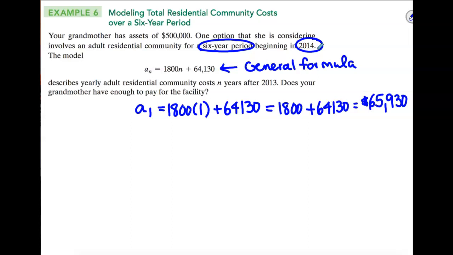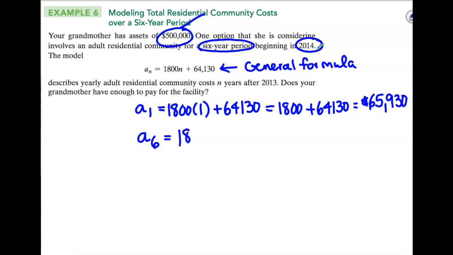Then you would find the value of year 2 and 3 and 4 and 5 and 6, and then add up those costs and see, will it be less than her $500,000 that she has left. So what we're going to do is find the value of term 1 and the value of term 6, the last year.